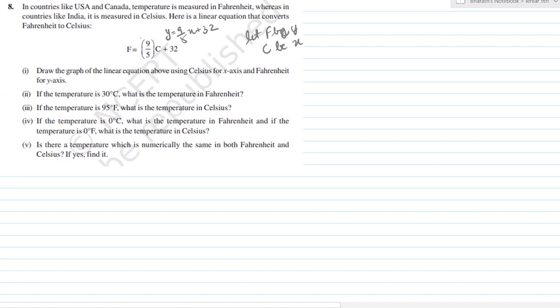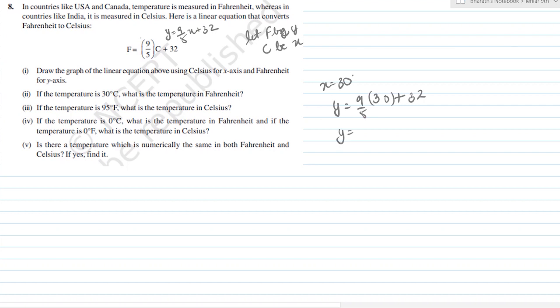And if the temperature is 30 degrees Celsius, what is the temperature in Fahrenheit? So Celsius, right? So x is equal to 30 degrees. So y is equal to 9 by 5 into 30 plus 32. Fine.